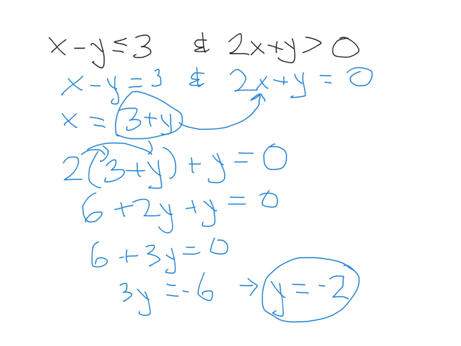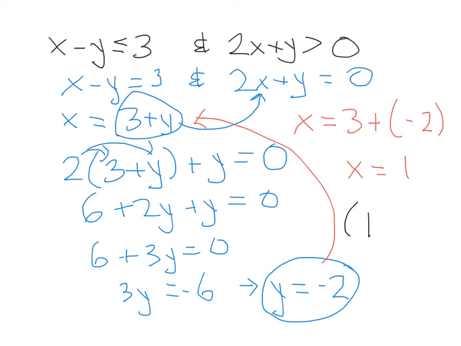We have our y coordinate. Now we can plug it back in to find our x coordinate. So x was supposed to be 3 plus y. We know y is minus 2. So 3 minus 2 leaves us with x equals 1. So our point of intersection is x is 1, y is minus 2.